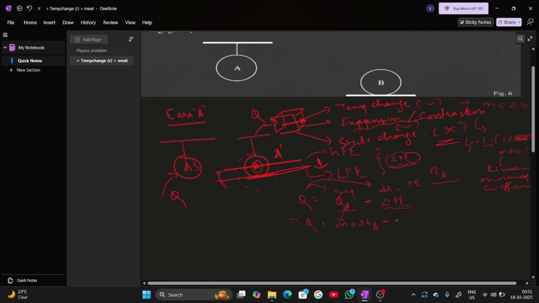The change in length will be R alpha delta T_A, so the term is mg R alpha delta T_A. So here we can write that delta T_A, the change in temperature of A, is basically Q divided by (mc minus mg R alpha).